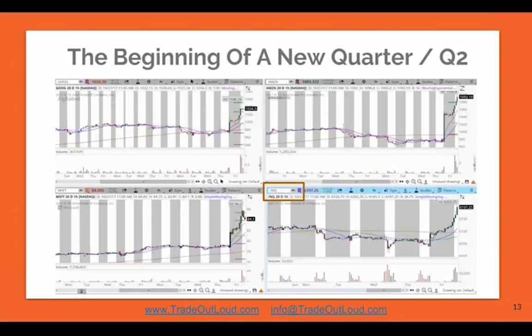Look at the entry. This is a great first target area. We're going to be talking about these moving averages and which moving averages I use. Then basing throughout the overnight trading session, and then towards the pre-market open, 7 o'clock, we're getting a real dynamic move to the upside.